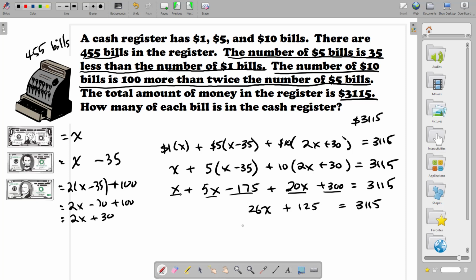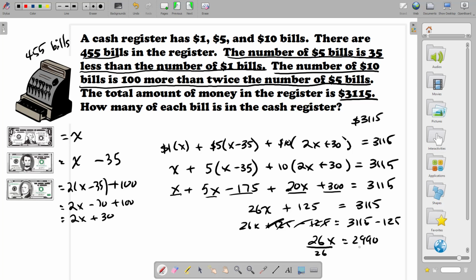I need to subtract 125. If I do that on this side, I must do that on this side. These add out. Get 26x. 3,115 minus 125 is 2,990.